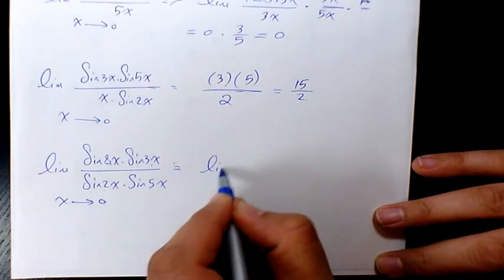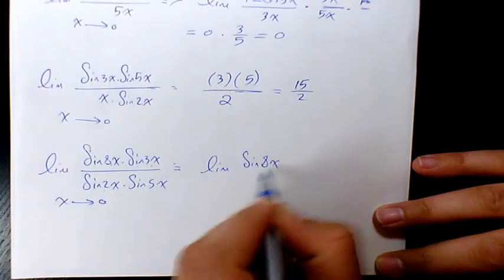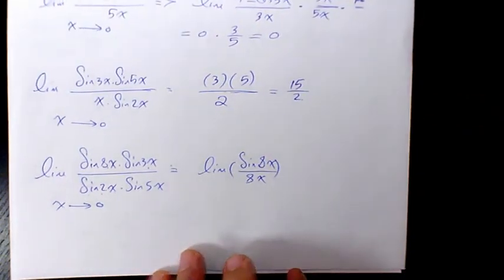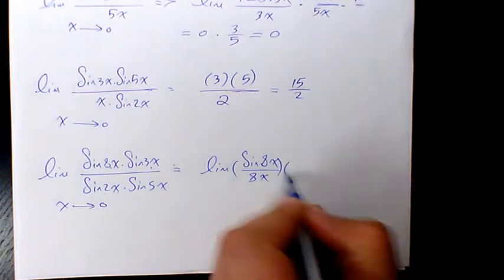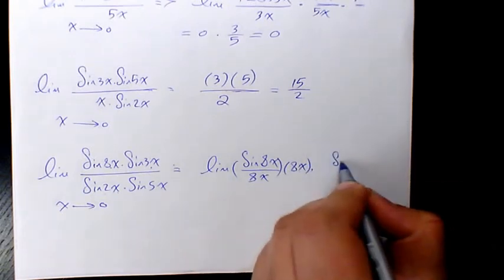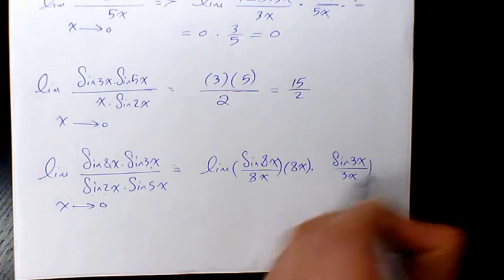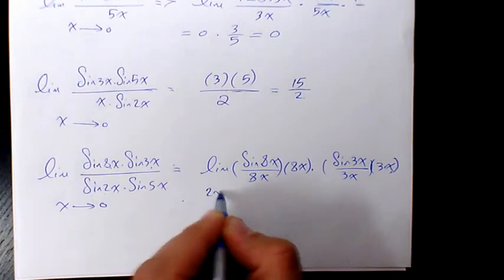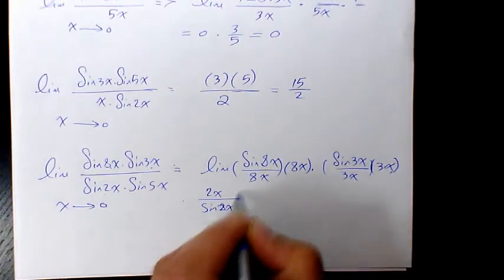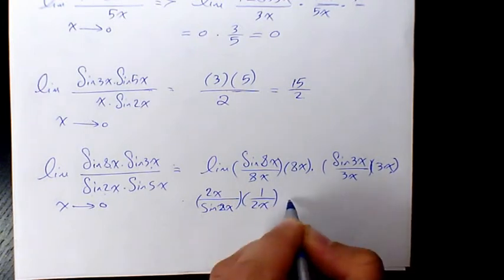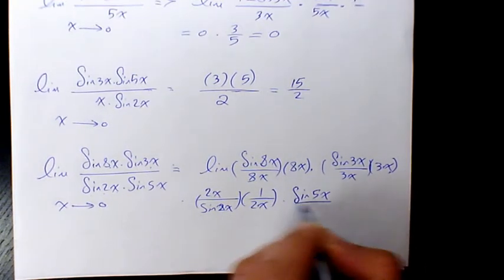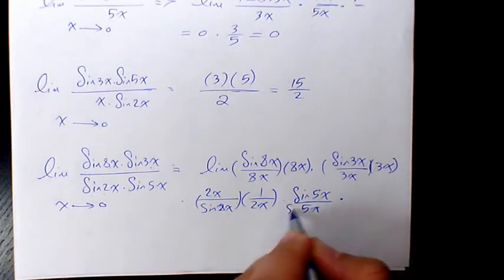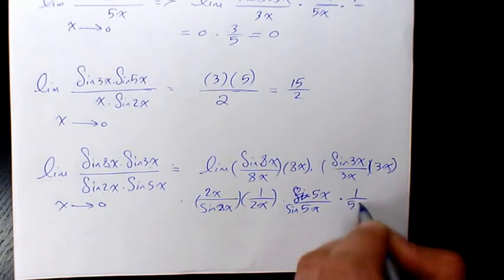So that you can write it as sine 8x over 8x times 8x, sine 3x over 3x times 3x, times 2x over sine 2x times 1 over 2x, times sine 5x over 5x, actually that has to be in the denominator and 5x in the numerator.